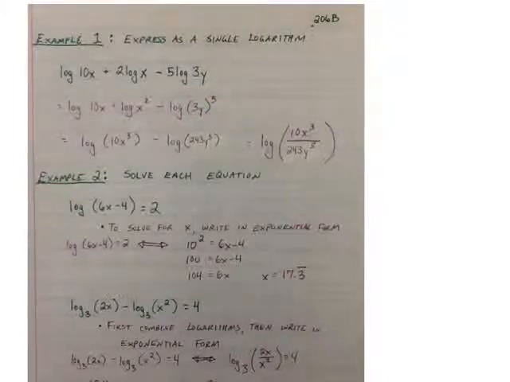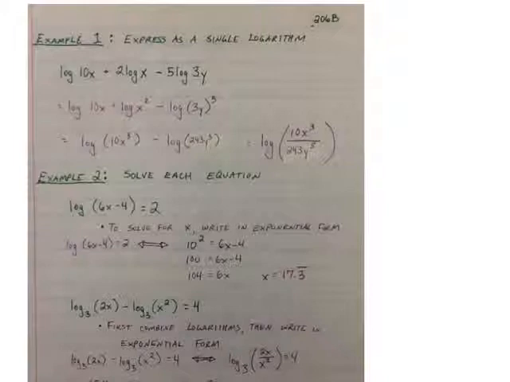And then in the second step, I combined the addition logarithms. I also distributed the 5, which isn't entirely necessary, but I like it that way. And then in the final step, I took my subtracted logarithms and wrote it as a quotient, log of your first argument divided by your second argument.